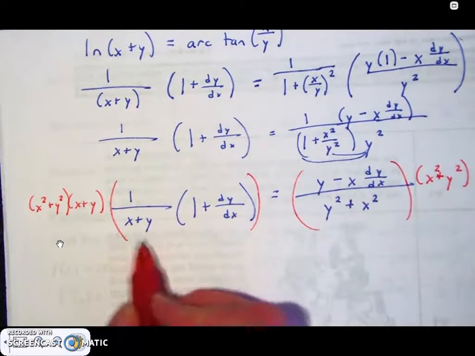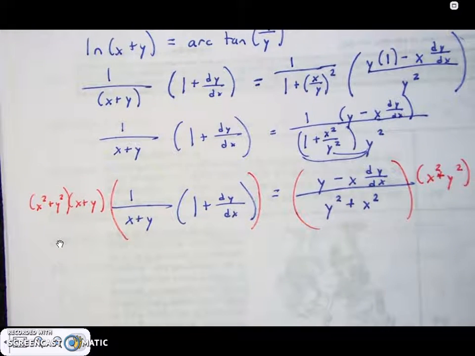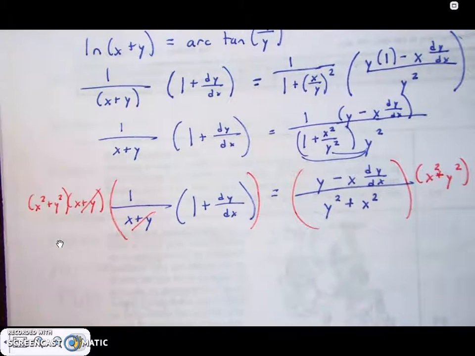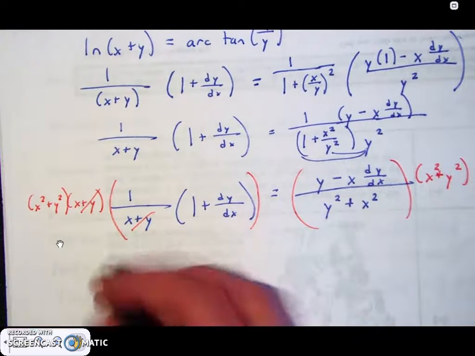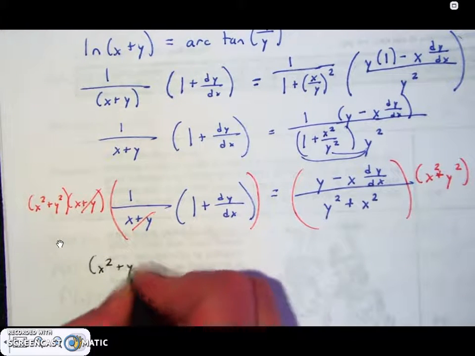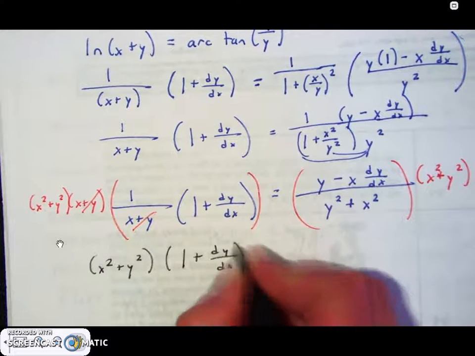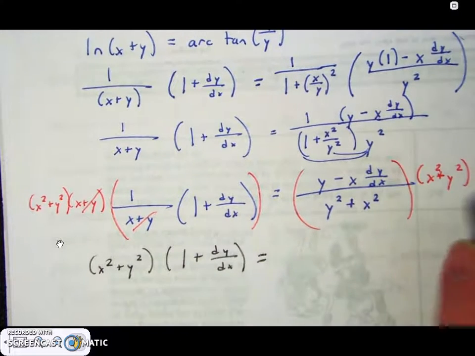Over here, what's going to happen on the left-hand side? Correct. So the x plus y's cancel, and I've just got x squared plus y squared times 1 plus dy dx. Over here, what do I have?